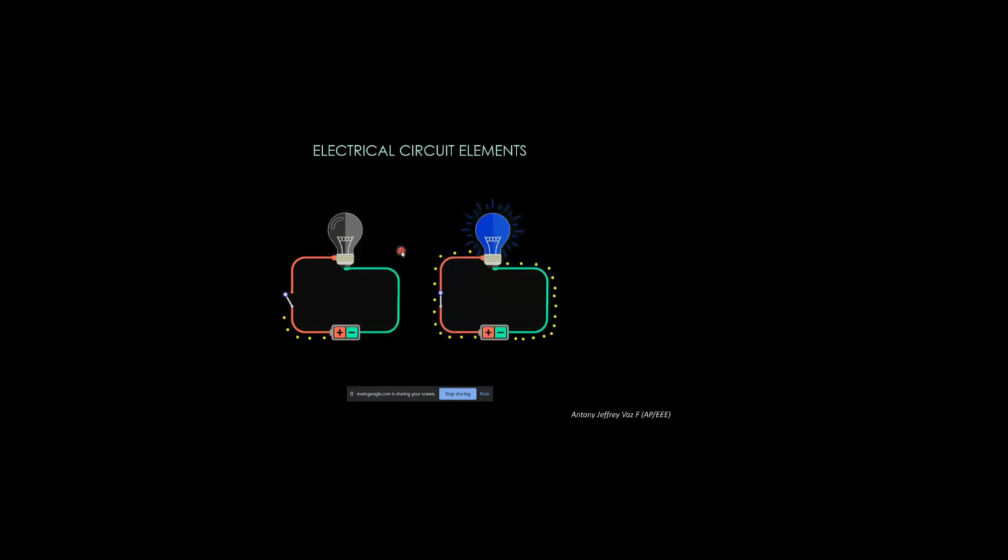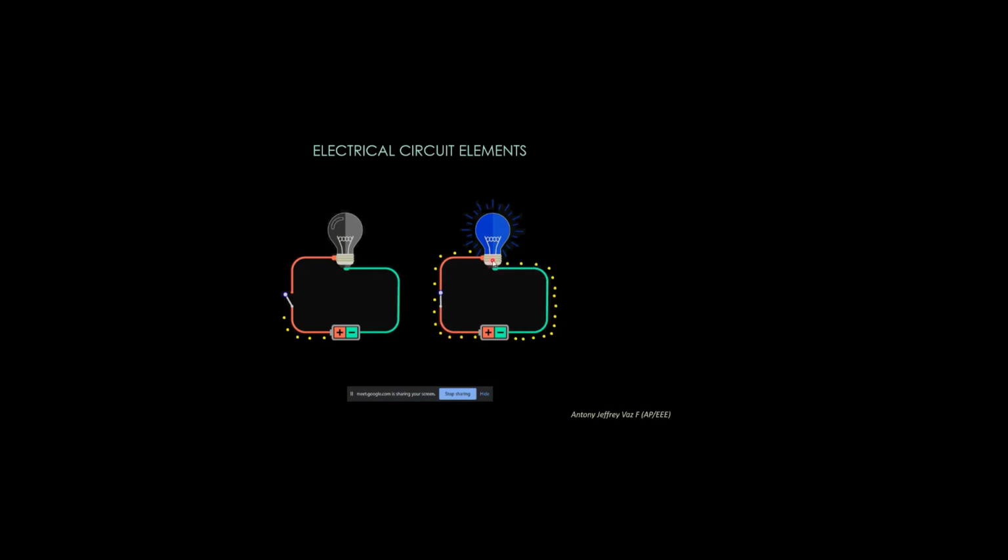Let's move to the next topic on electrical circuit elements. This is a simple circuit, but this circuit is open and this circuit is closed. Here the yellow dots represent the flow of electrons from the positive terminal to the negative terminal of the battery.